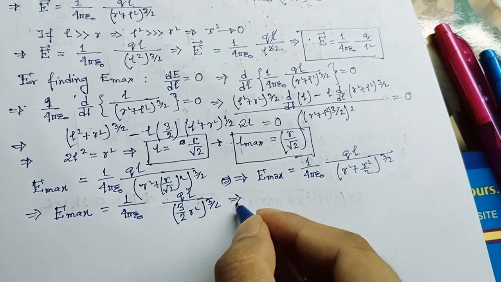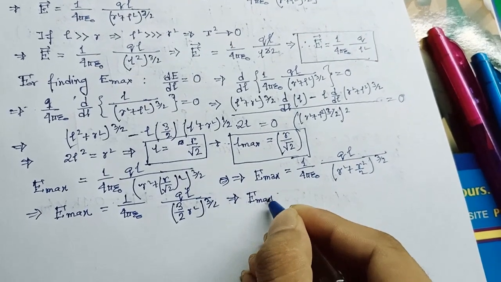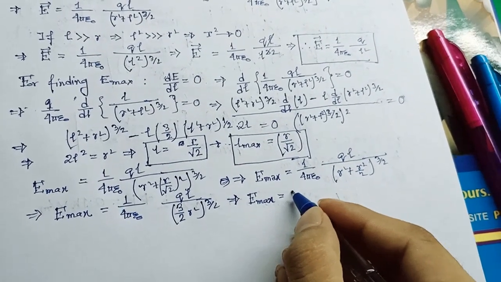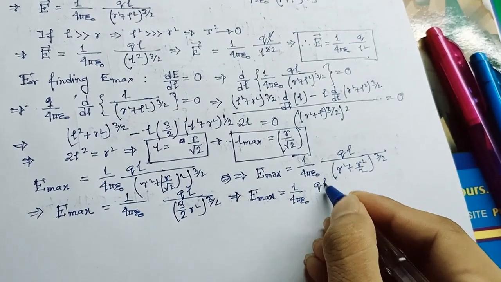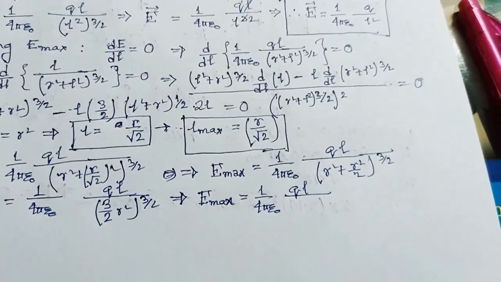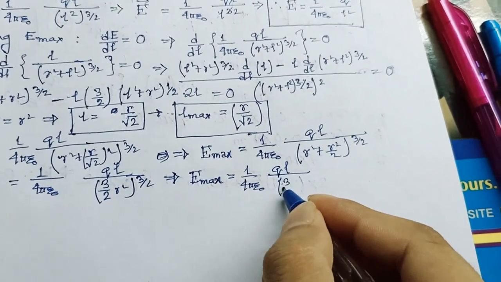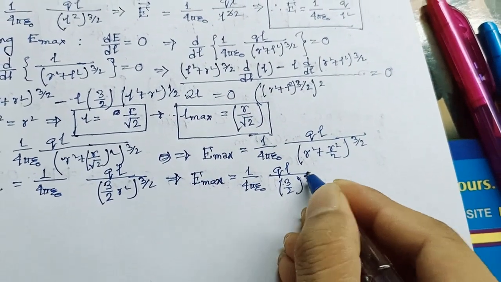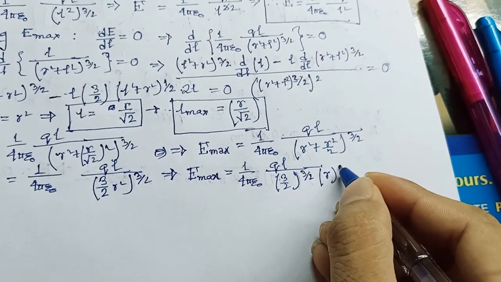So which gives us E max is equal to 1 divided by 4 pi epsilon naught QL into 3 by 2 whole to the power 3 by 2 into R to the power 3.